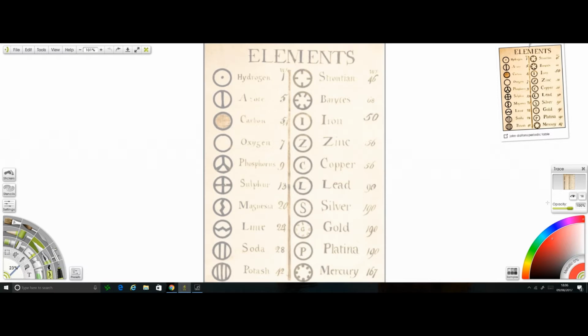So if you look, hydrogen is the smallest number, then it gets bigger and bigger as you're going down. So this is just to show you that it was John Dalton's idea to order elements in terms of increasing atomic weight.